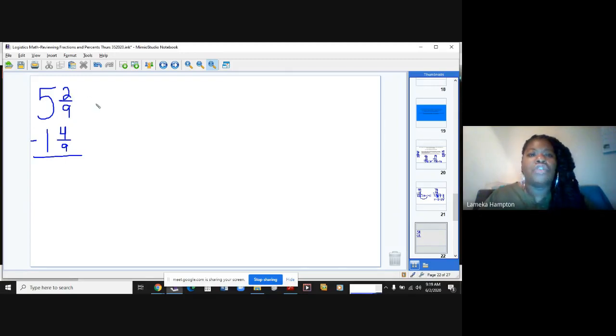Okay, so that is the key essential thing to look for. If your top fraction is smaller than your bottom fraction in subtraction, that means you are going to have to regroup. All right, so at this point, I am going to switch colors now.